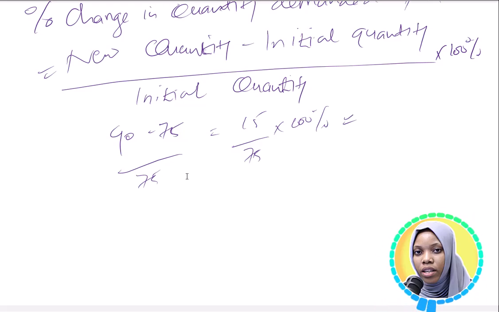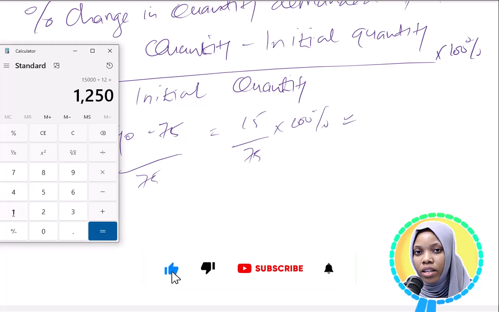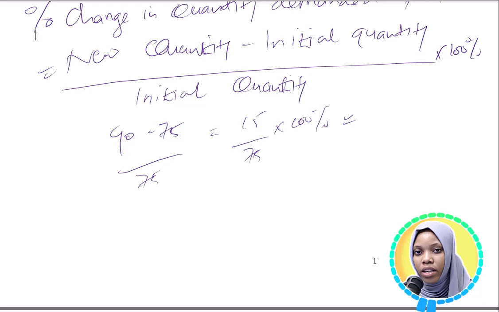Let's use our calculator: 15 divided by 75 multiplied by 100%, which gives us 20%.